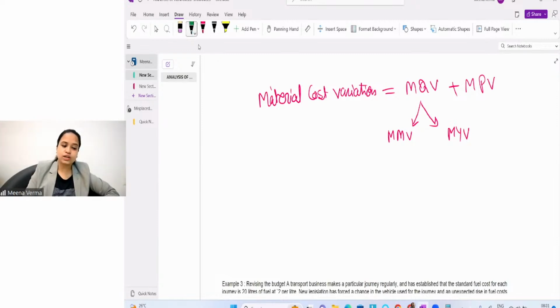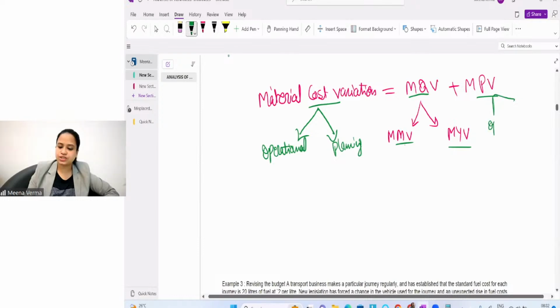But now what is happening? We will study all these variations in further detail. We will study this variation as operational variation and planning variation. This one also we will study in operational variation and planning variation.